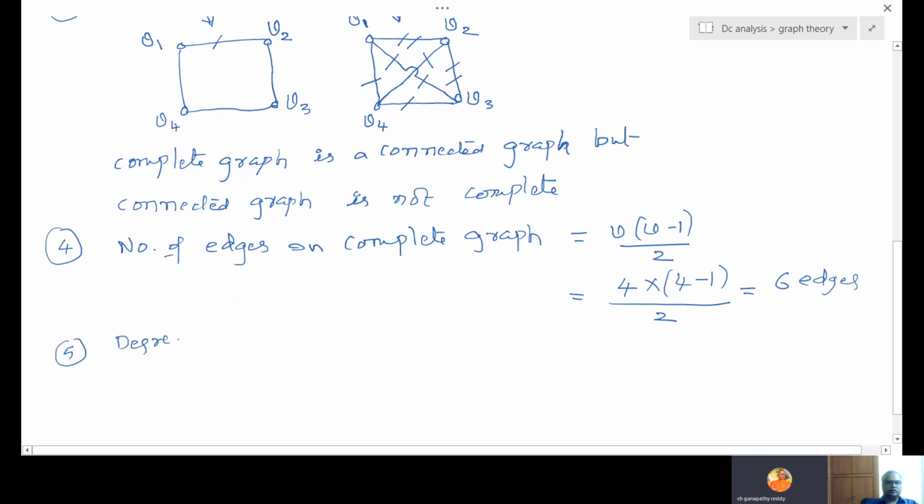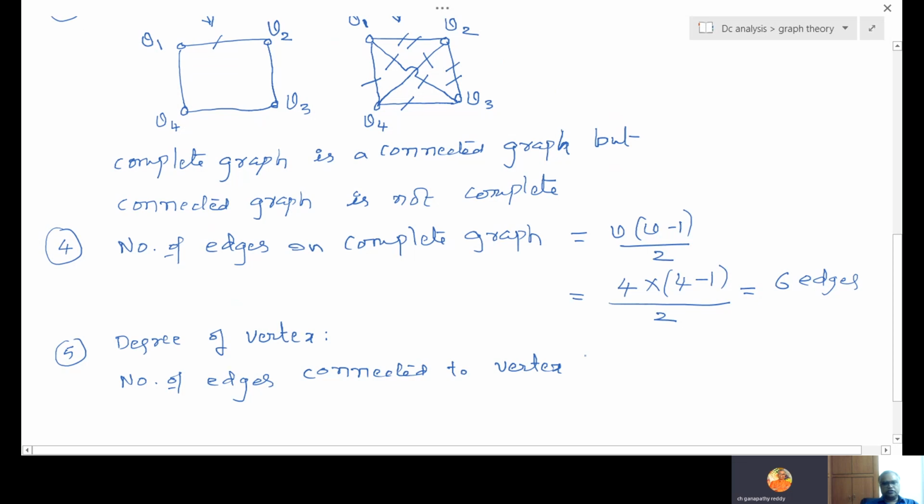Degree of vertex. So what is the degree? Number of edges connected to vertex.